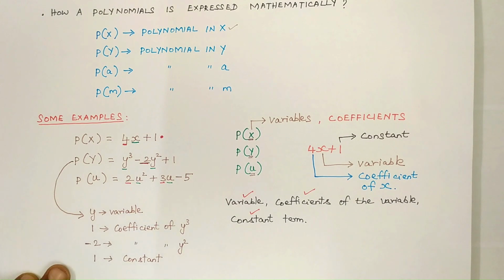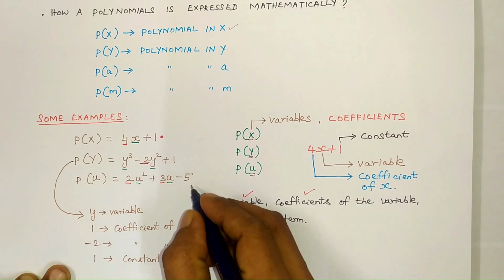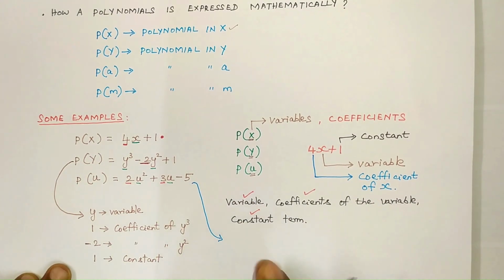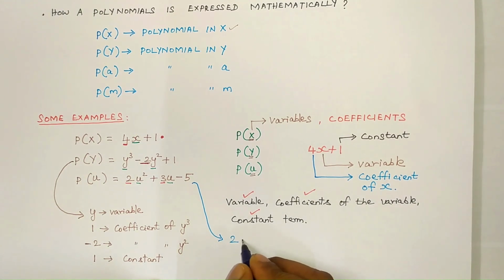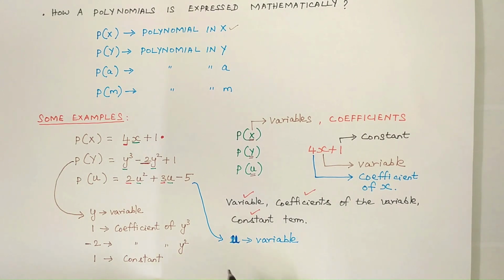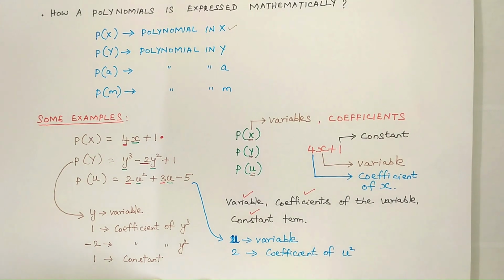Okay. Similarly, in this polynomial, u is the variable, and 2 is the coefficient of u square, right?